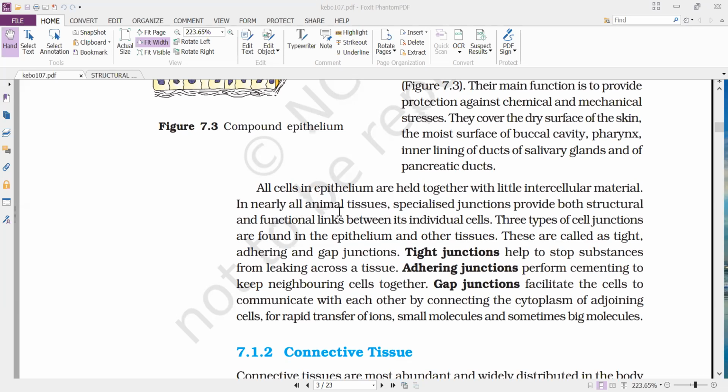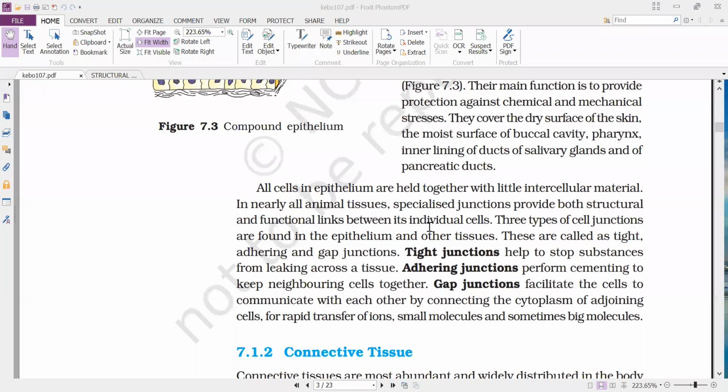In nearly all animal tissues, specialized junctions provide both structural and functional links between individual cells. That means a tissue is made up of a large number of cells, but there must be some integration and coordination between all these cells present in a tissue or an organ.